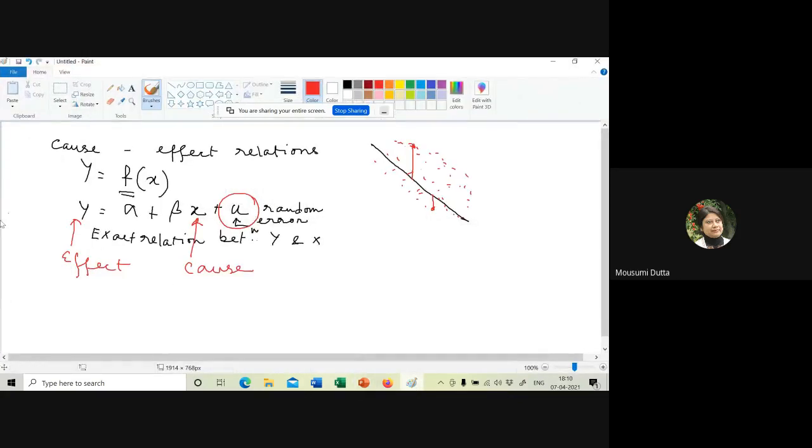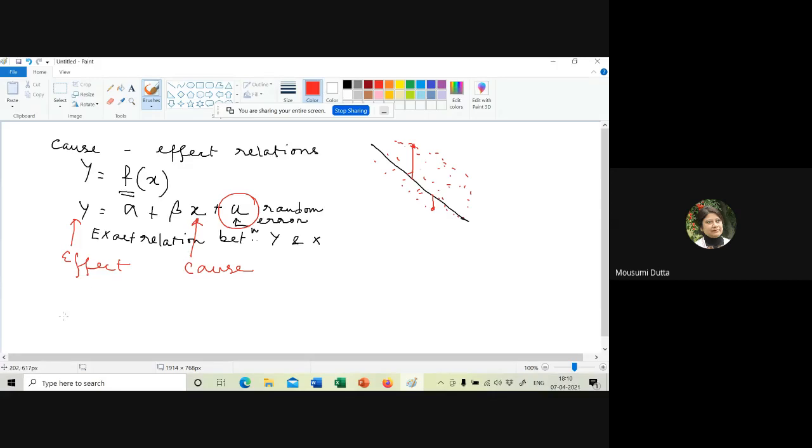In our earlier context, in the particular equation I have written, x is the independent variable, y is the dependent variable. So there is a categorization among the variables. However, if it is a correlation between y and x, there will be no categorization among the variables.